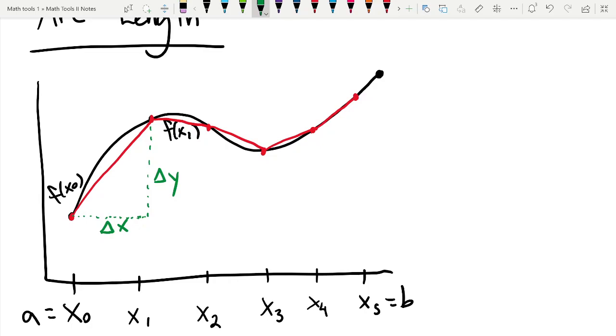And then from there, the length of this segment right here is going to be the square root of delta x squared plus delta y squared, right? And we'll do that for each segment. So delta x and delta y will be different depending on which segment we're looking at, of course, but this is the general formula. And this is just the distance formula, right?